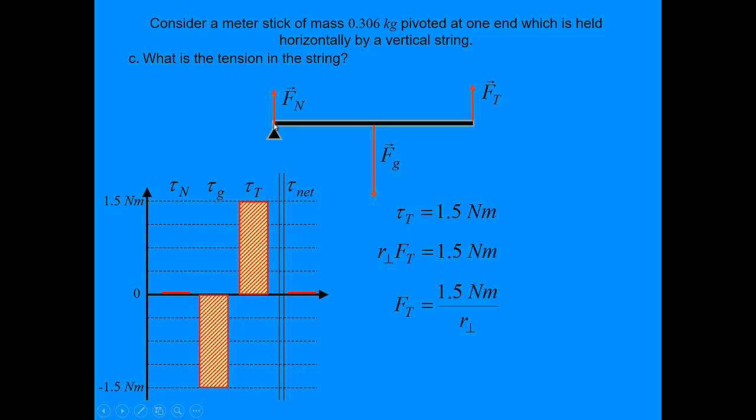And the lever arm is the perpendicular distance from the axis of rotation to the point of application of the force, which of course would just be 1 meter. So we divide, and we get 1.5 newtons for the force of tension. Oh, isn't that nice? So we've now calculated the force of tension.